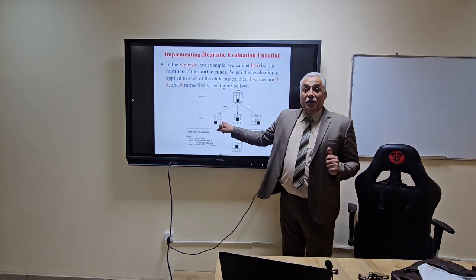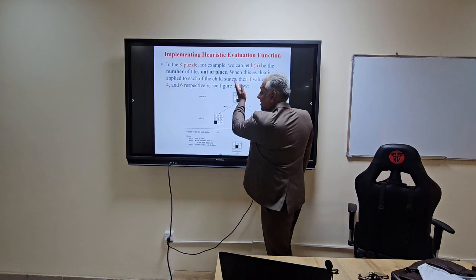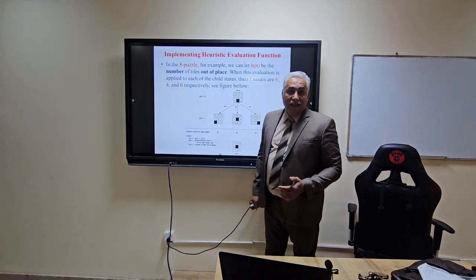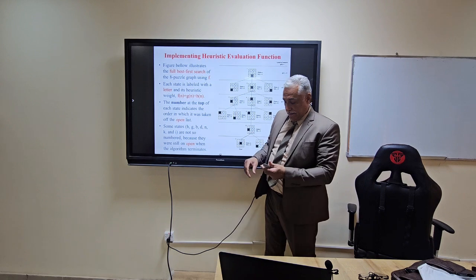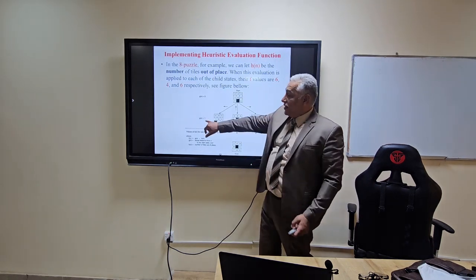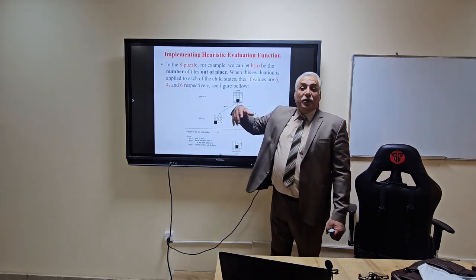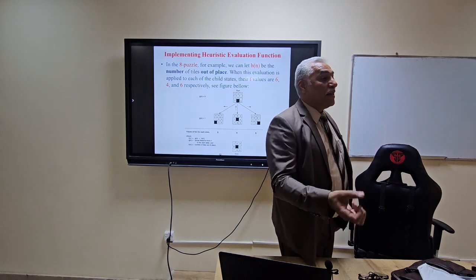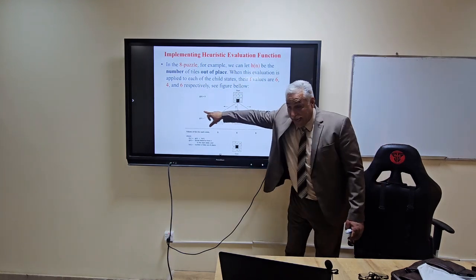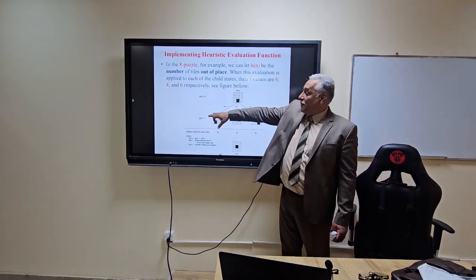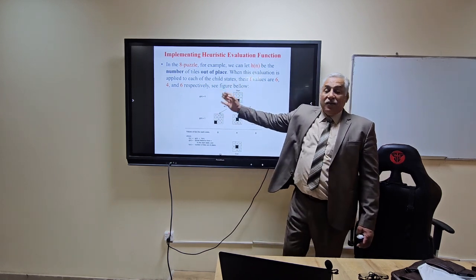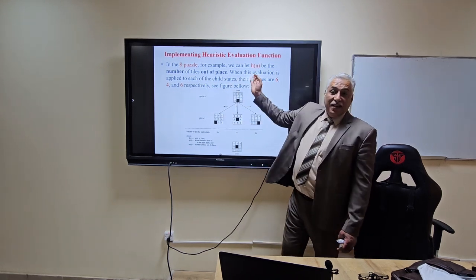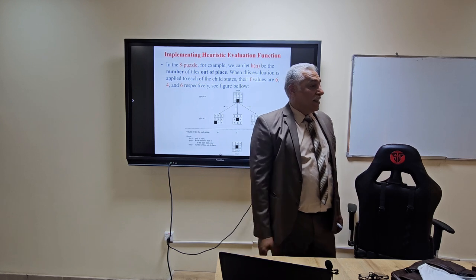This one is best because it is the nearest to the initial state. So g(n) will control us to select the best one, because g(n) represents the number that refers to the nearness to the initial state.